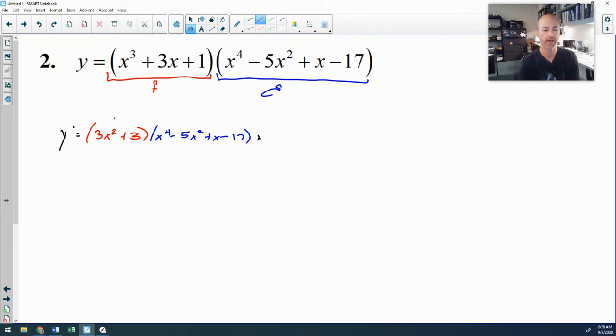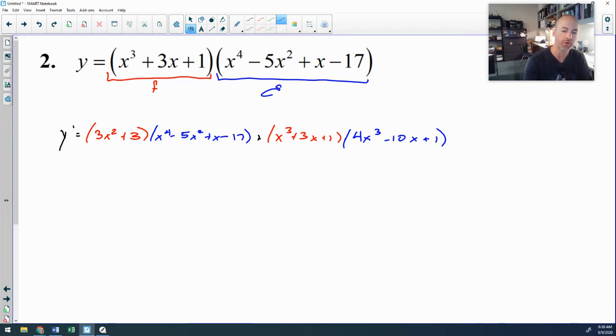So I've already differentiated f, so this time I will leave it alone, x cubed plus 3x plus 1, and the derivative of the g function. No, it's not. I just copied it. This is supposed to be the derivative of g. So the derivative is going to be 4x cubed. Let's get this right. Minus 10x plus 1. And there is our product rule.